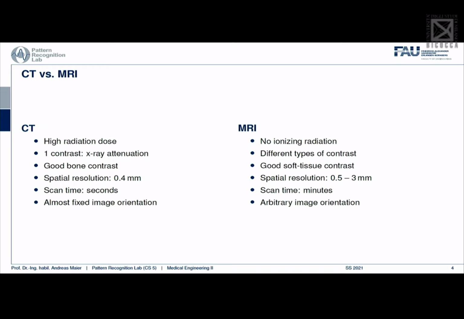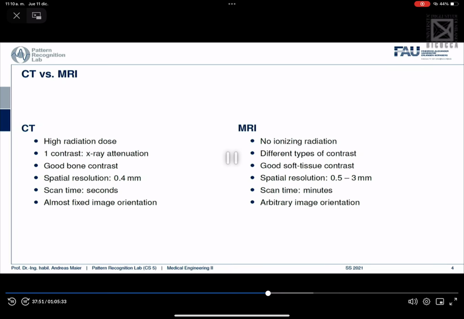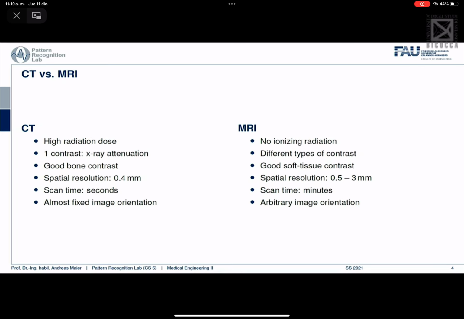Now, what is the interesting part of MRI? That it has no ionizing radiation and that it can generate lots of different types of contrast. This is really what makes it so interesting in medicine, and by the way, not only for clinical applications, but in psychology and in behavioral economics, they use MRI to study brain responses to external stimuli, given how many different kinds of things it can see.